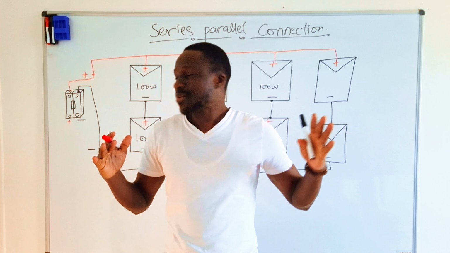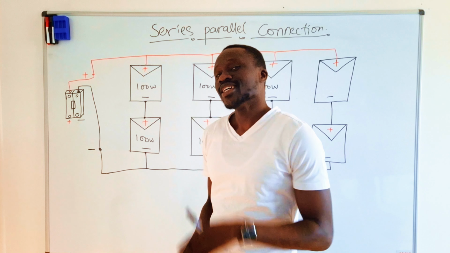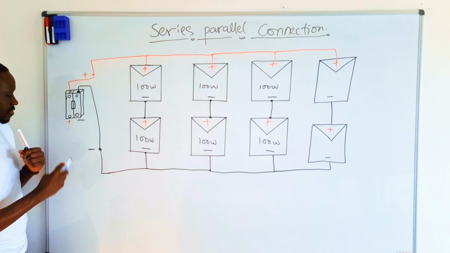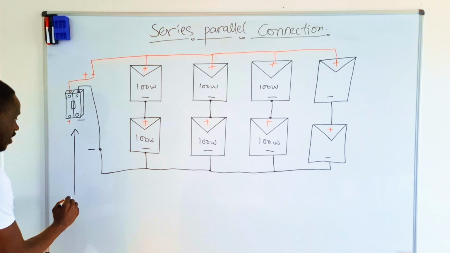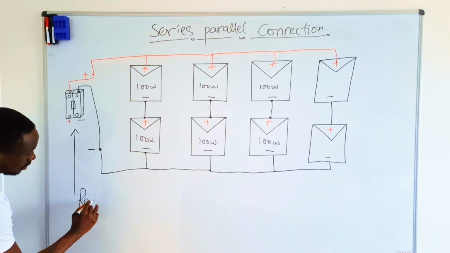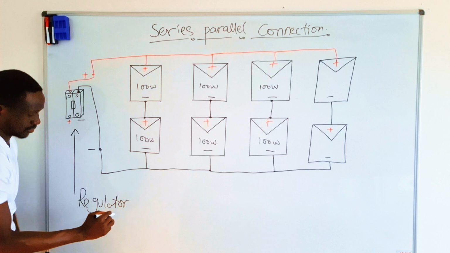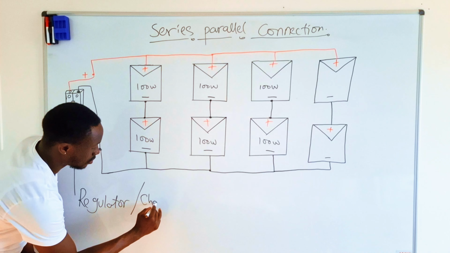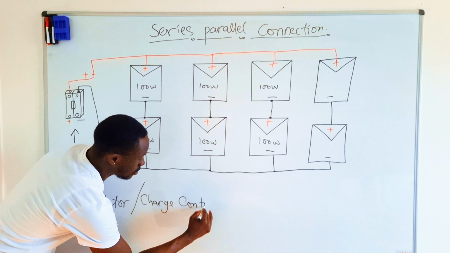Okay, now we are at the circuit breaker. We are going into the regulator. Here, this point here, it is taking us to the regulator, or some people call it charge controller.